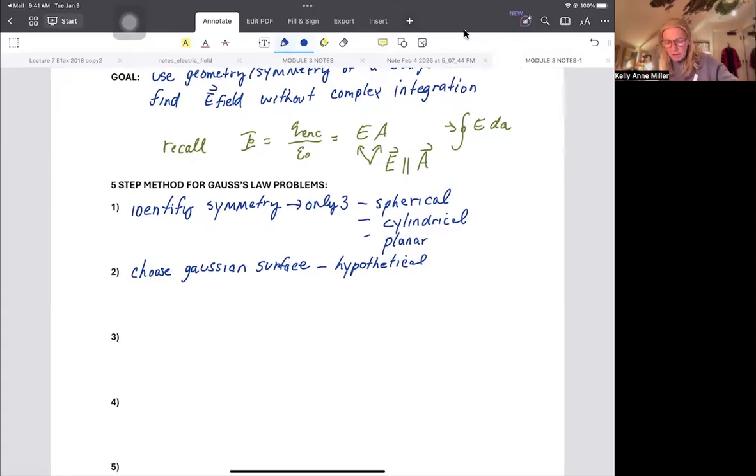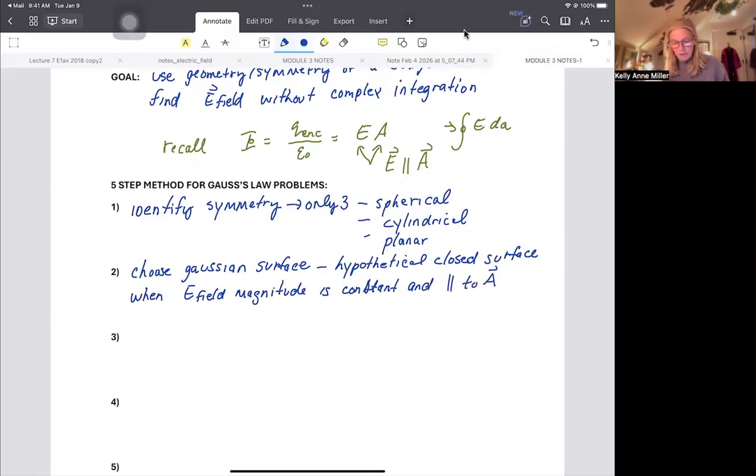So it's a hypothetical closed surface where the E field magnitude is constant and parallel to the area vector of the surface.